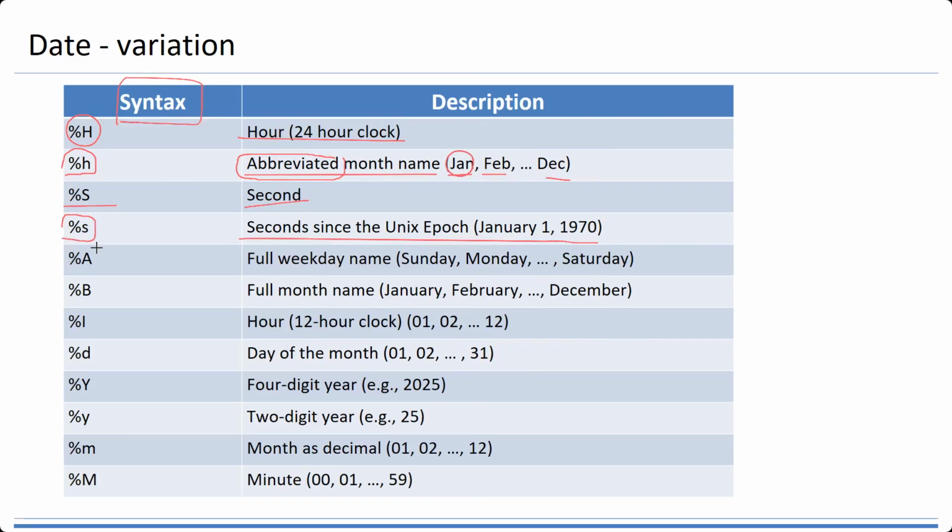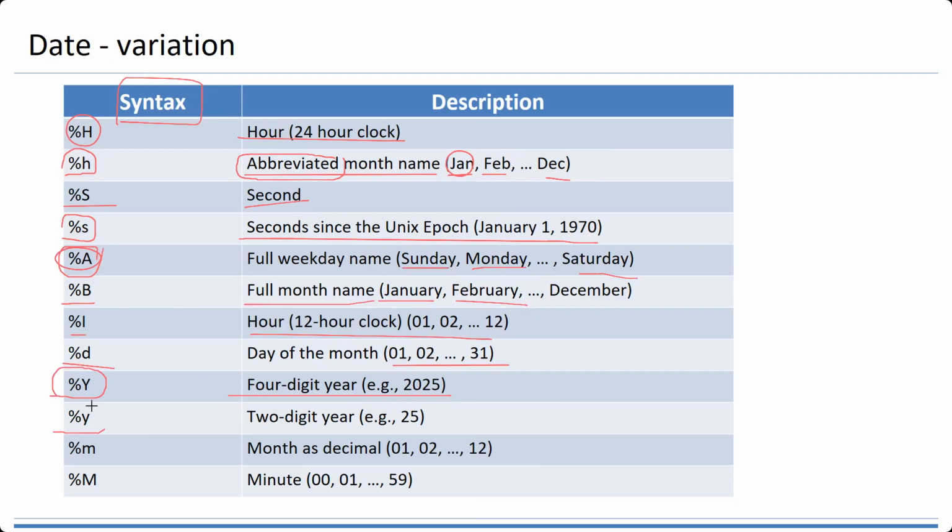For example, if you want to use the day of the week, Sunday, Monday, Saturday, then you need to use %A. If you use %B, this is the full month name, January, February. If you use %I, you can see the clock. If you use %d with small d, it is the day of the month. If you use %Y, it is 4 digits of the year.